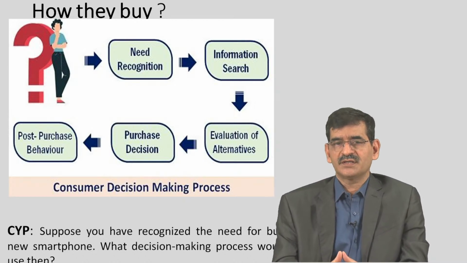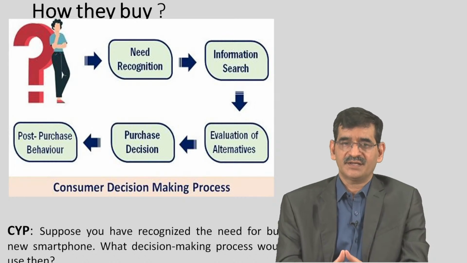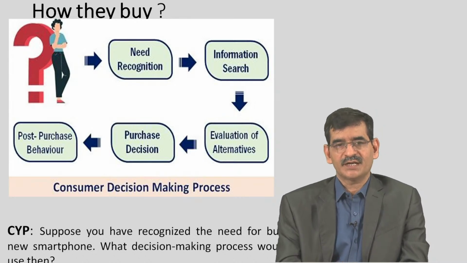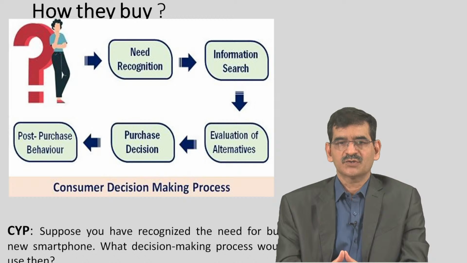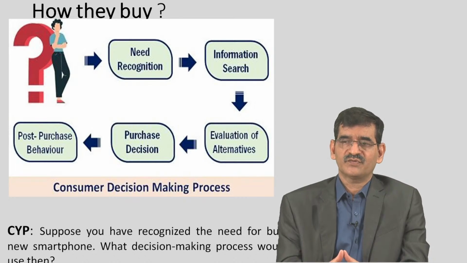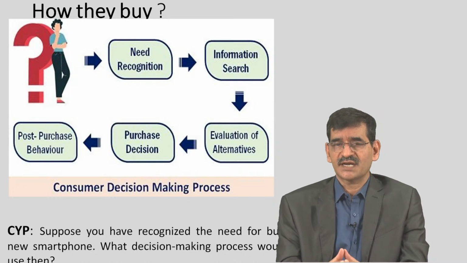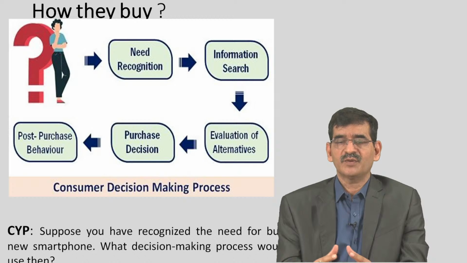Here, for example, suppose that you have recognized the need for buying a smartphone. Suppose that you presently have a button phone, and you want to upgrade it to a smartphone. So to satisfy this need, you will search for information. You will search from your friends, from websites, from retailers. Suppose you have identified this need as a part of a symbol, that your family members are using smartphones and your friends are using smartphones, so they are providing the information that you can get this product from various sources.